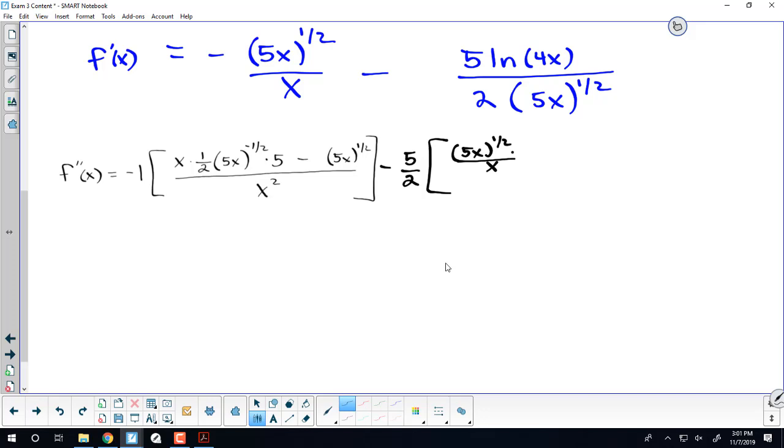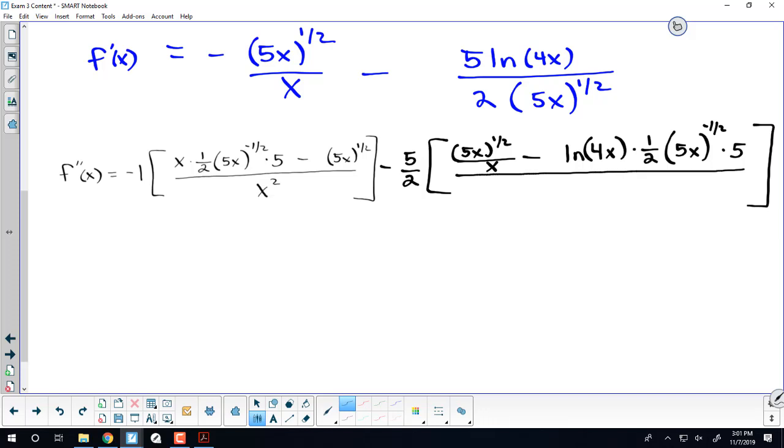Bottom times the derivative of the top minus the top times the derivative of the bottom, all over the bottom squared.